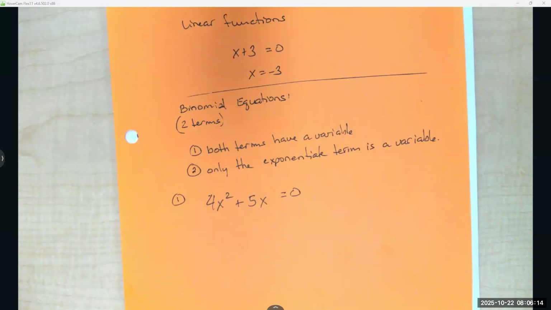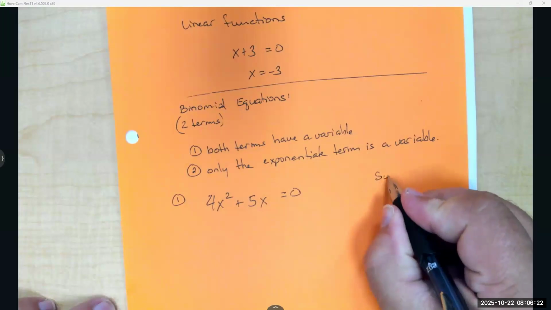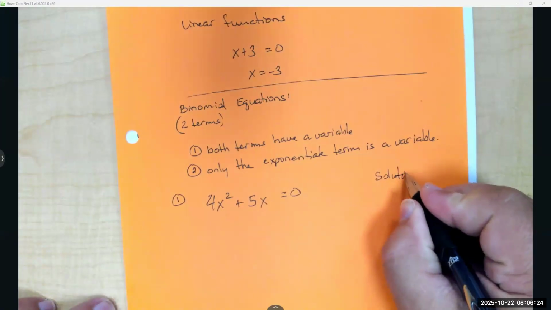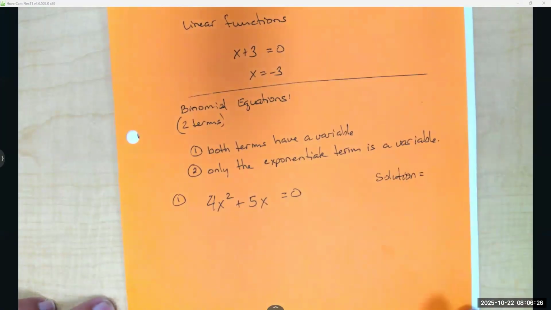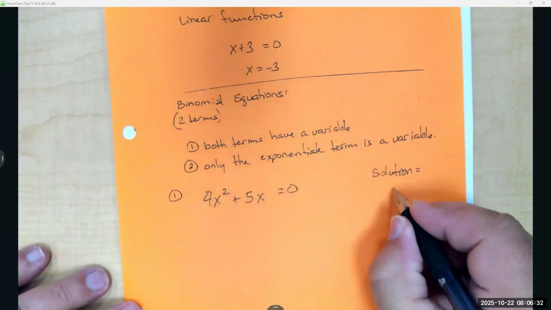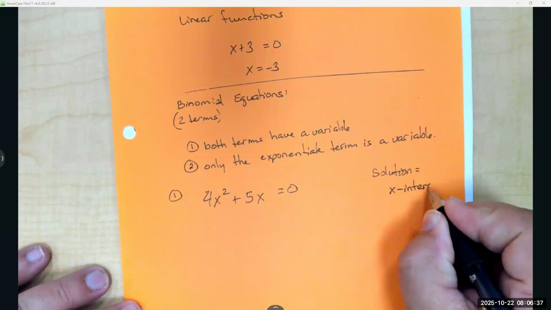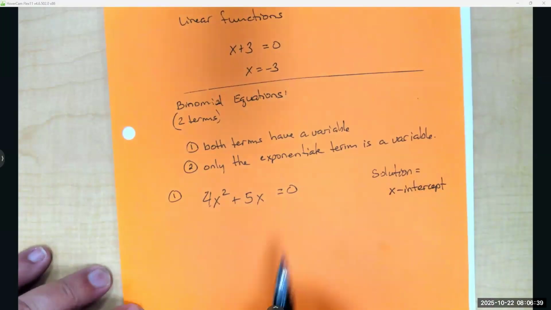But what does the x value represent? What is the solution? You solve for x, but what does that mean? It's your x-intercept. Just think about it.